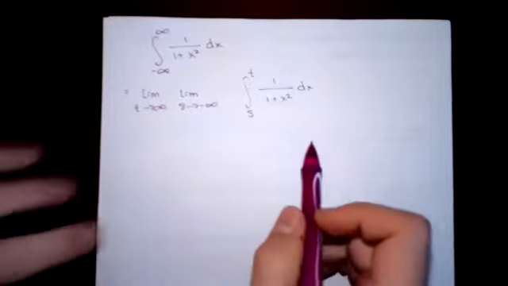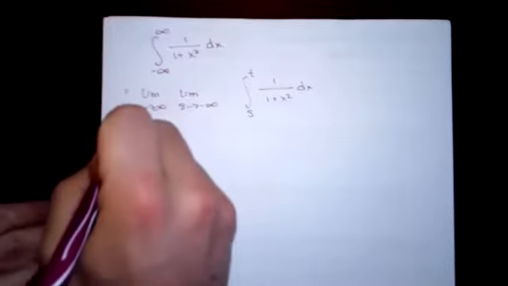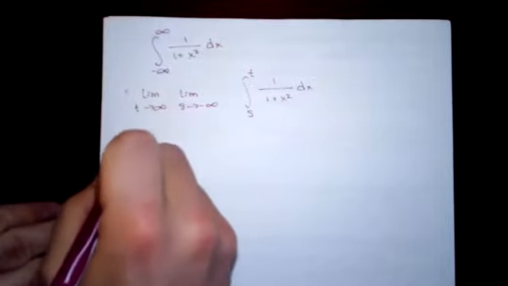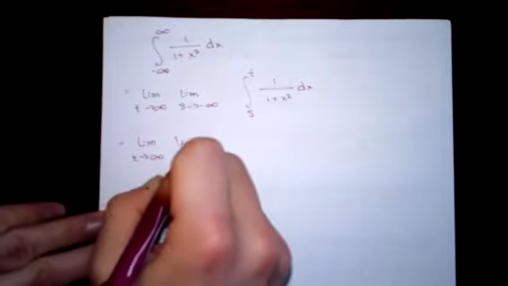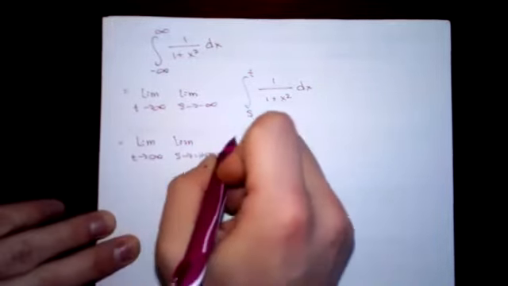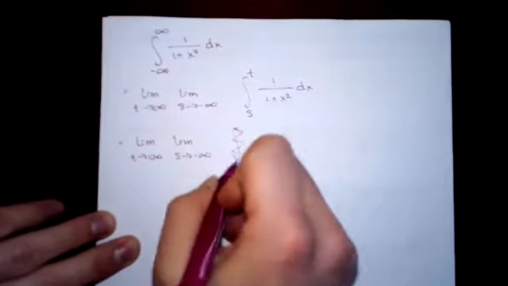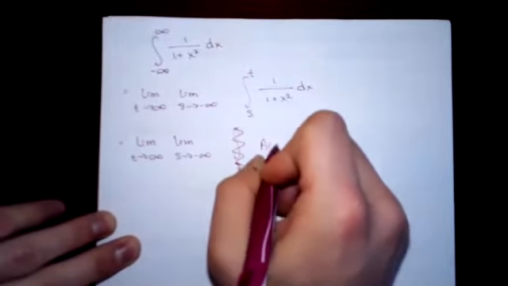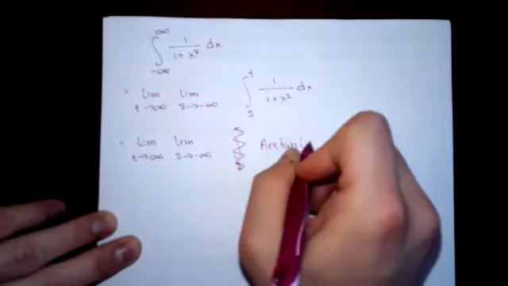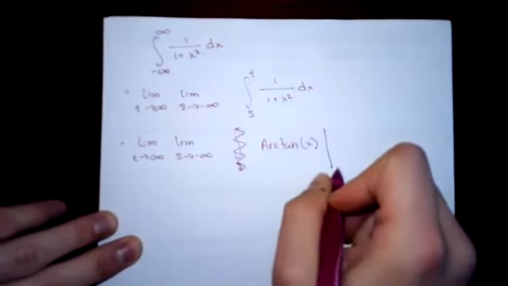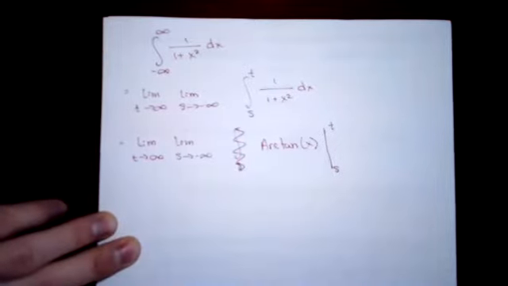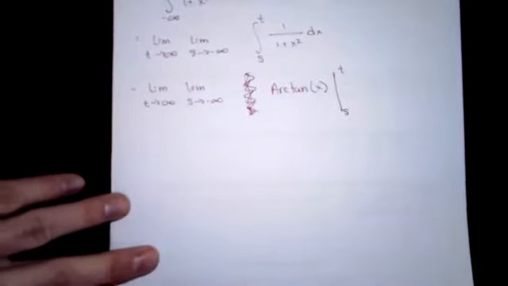And how do I anti-differentiate this guy? 1 over 1 plus x squared gives me arctan x, and of course I want to evaluate that from s to t. Problem with writing, I don't have an eraser since we're not using chalkboards.